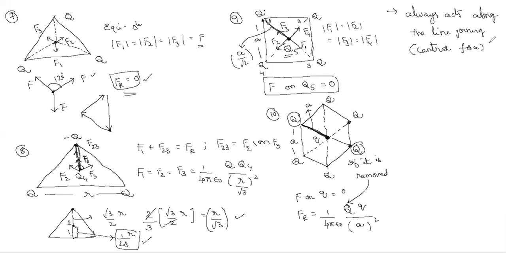And statement 2, it is always mutual. Is this statement correct or wrong? Mutual means, suppose these are two charges Q1, Q2 separated. Force between them means, my question is, is the force only on Q1?